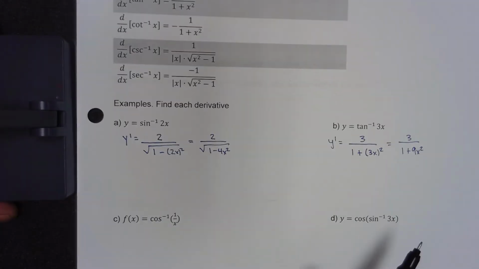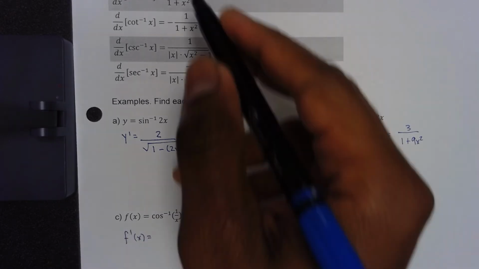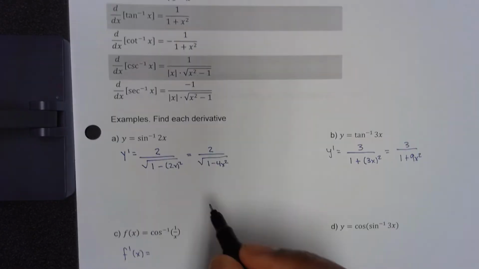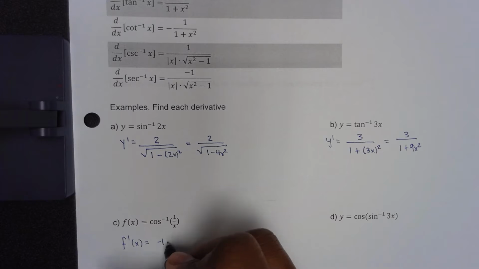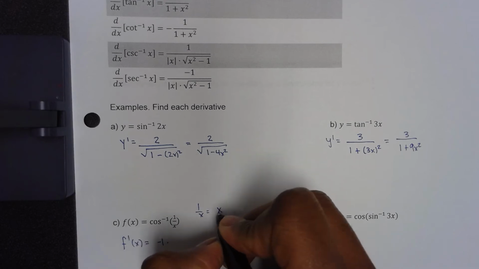Letter C, we have f prime of x. For cosine inverse, it's like sine inverse except it's negative. So we're going to have negative 1 times the derivative of 1 over x. 1 over x is equal to x to the negative 1.